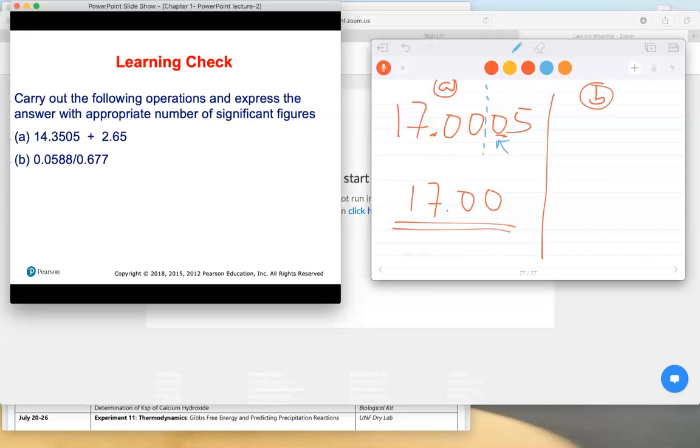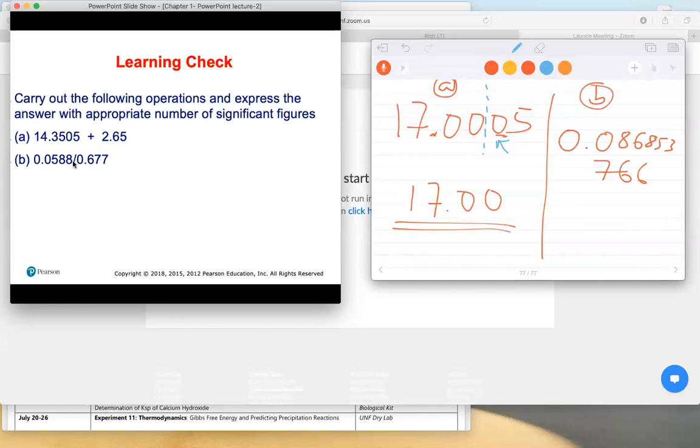If I plug into my calculator 0.0588 divided by 0.67, I have on my screen 8.0868538... a long number with a lot of digits.